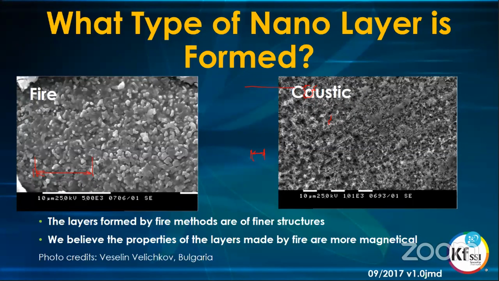It's a much finer grain than with caustic. So that's why it has different physical properties. So you still can use both for making a Gans or for nano-coating a coil, but don't expect exactly the same result. So there will always be a slight difference in between.